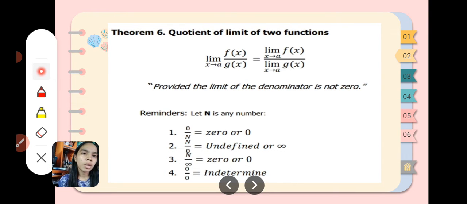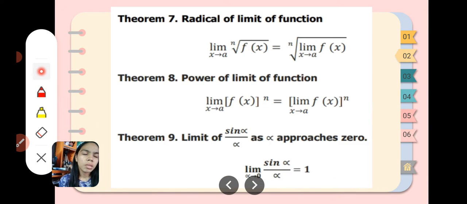So for theorem 7, the radical of the limit of a function. The limit of the n-th root of f of x as x approaches a is equal to the n-th root of the limit of f of x as x approaches a.